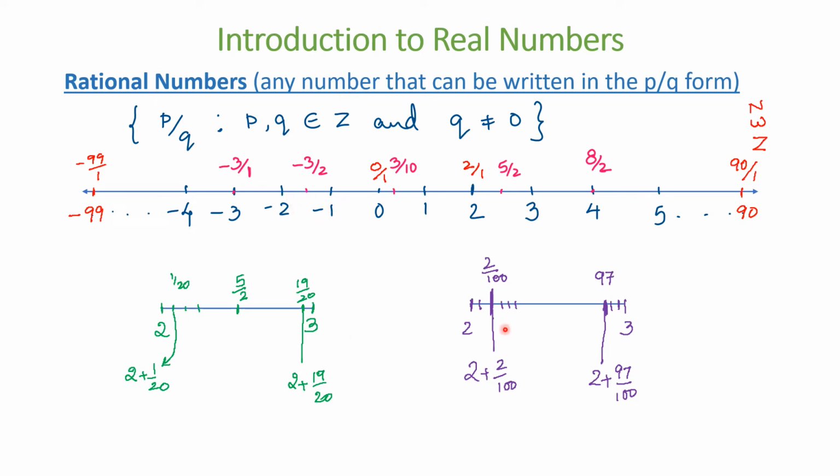It all depends upon how many parts I am dividing it into. If I divide it into 20 parts, I am getting 20 rational numbers in between. If I divide it into 100 parts, I'm going to get 100 rational numbers in between. If I divide it into 1000 parts, I'll get 1000 rational numbers in between. Okay.